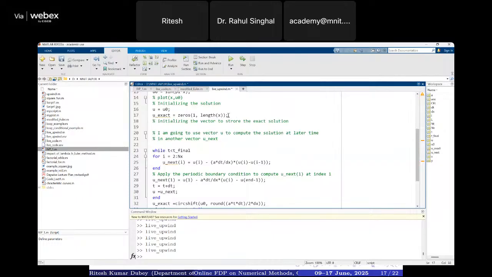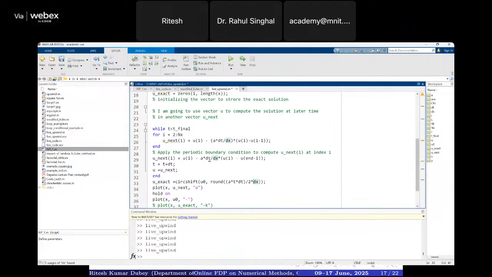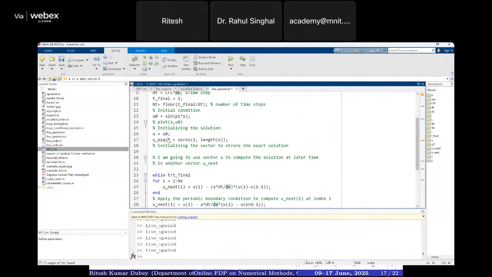It is also saying that you are not using it, so this is also creating a problem. So I will put here u next equal to 0 to suppress this error. So now you can see that this error is gone.